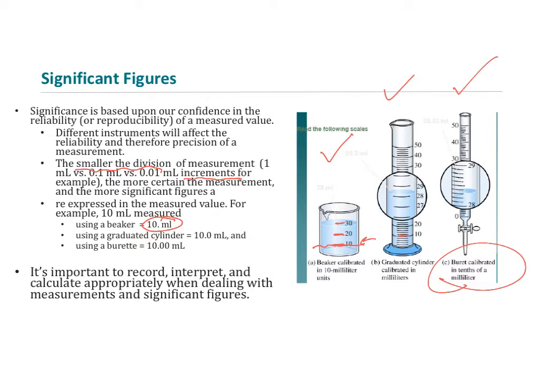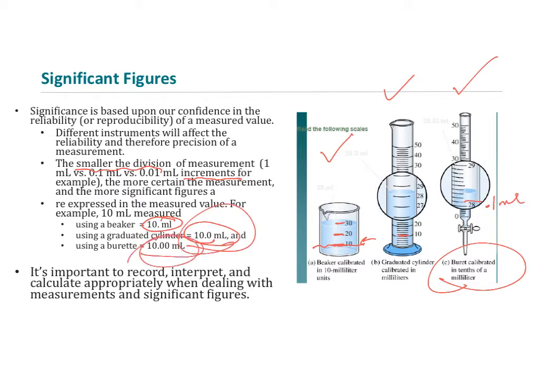And so that's going to be a little more precise. What that means is if you measure 10 milliliters out several times, you'd get more unified values that are closer to each other. That's what it means to be more precise. It's repeatable. And then a burette has demarcations every 0.1 milliliter, okay?